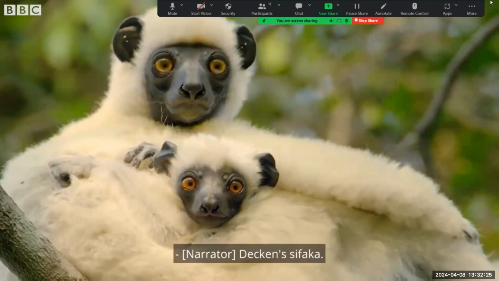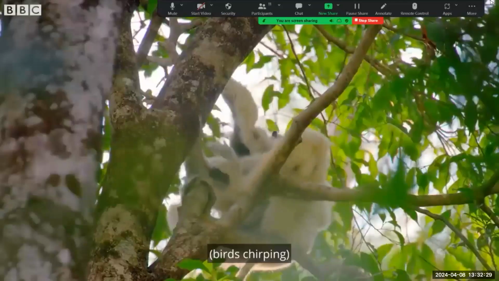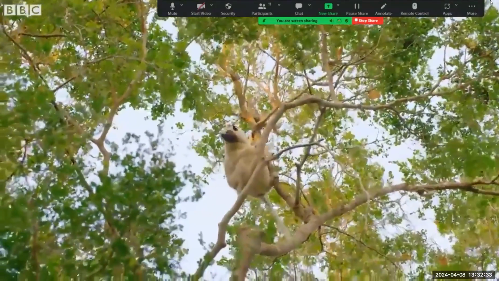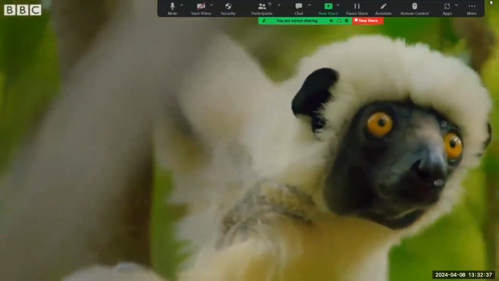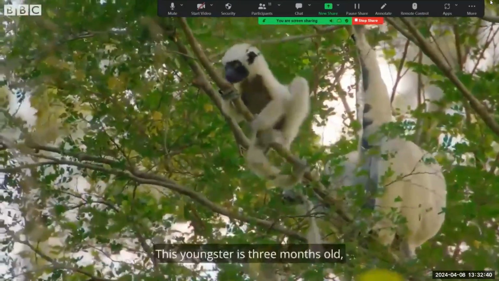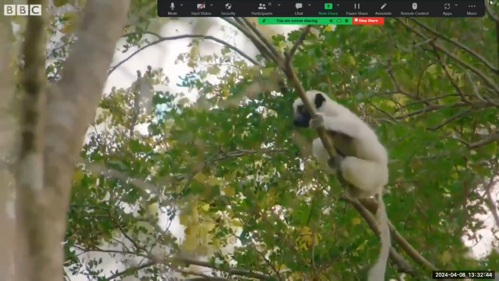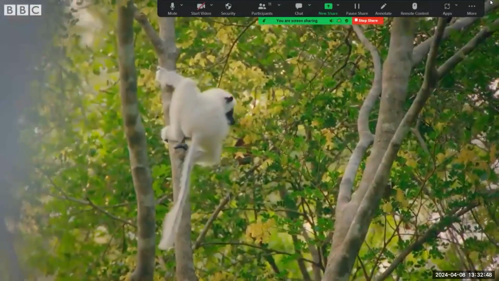Deccan's Shifaka. This youngster is 3 months old and already practicing the vital skill of leaping.